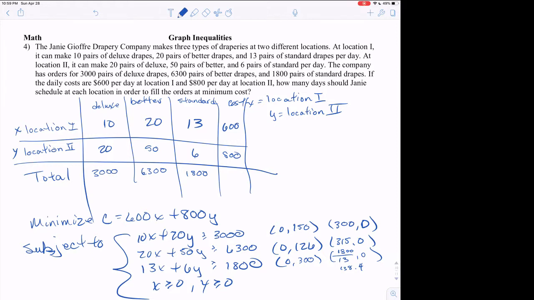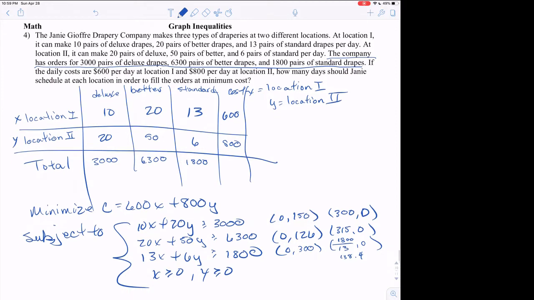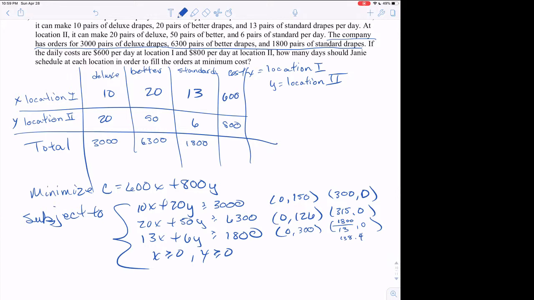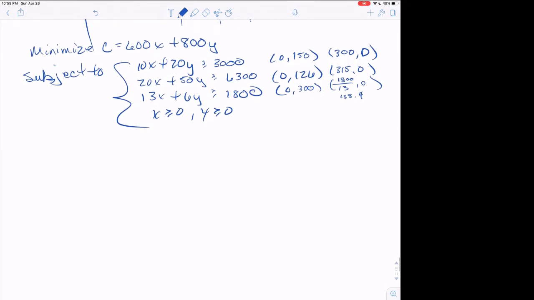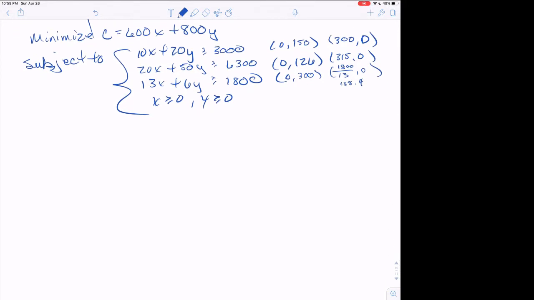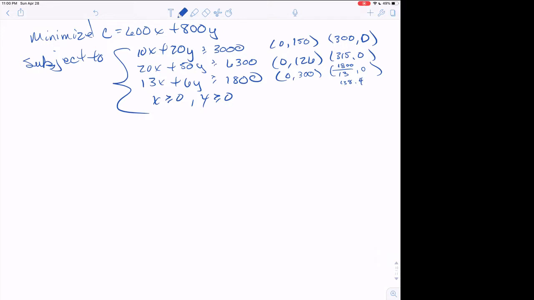Because if we look at this sentence, it says the company has orders for 3,000, 6,300, and 1,800. So that's the minimum that they have to make. They could make more than that, but that's the minimum they have to make. All right.